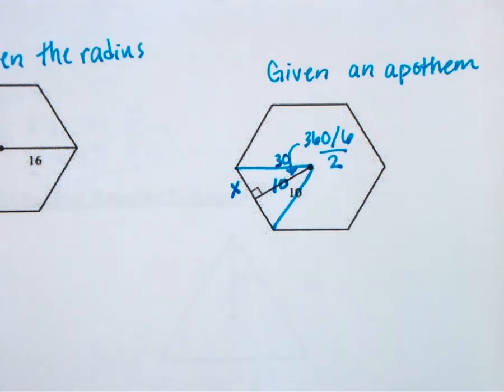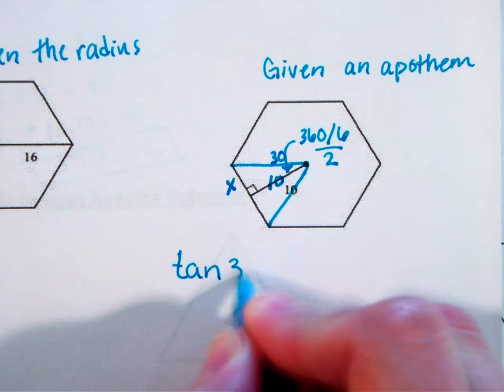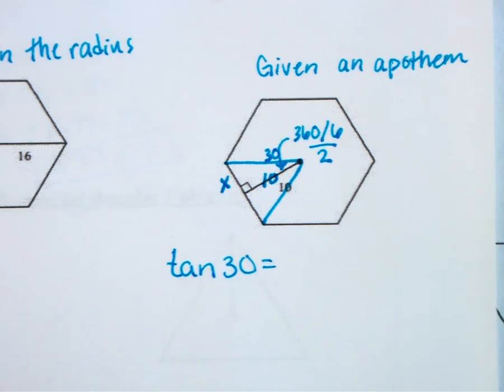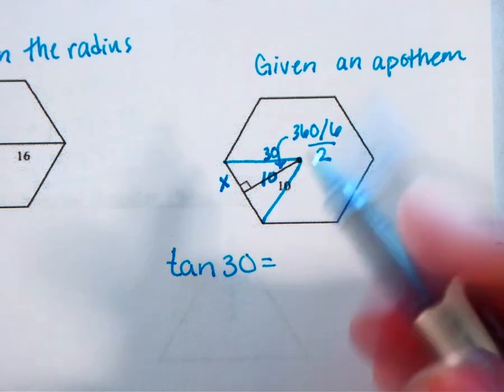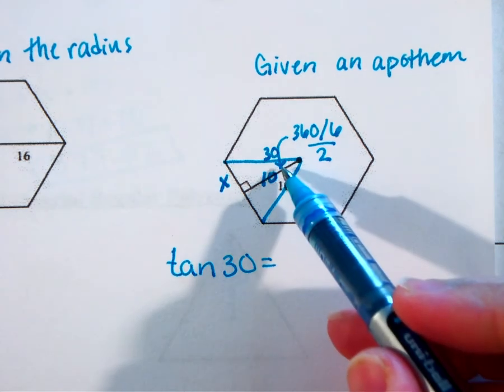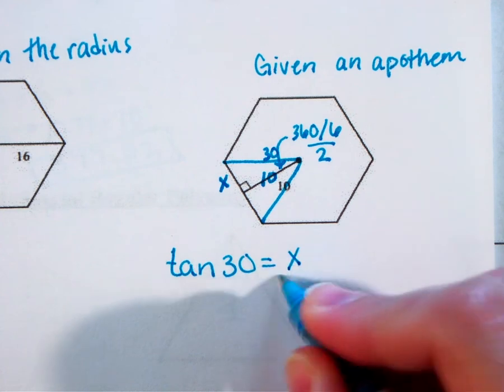You are still going to use tangent, which is what we used before. So we're still going to go tan of 30 equals opposite over adjacent. The opposite of 30 degrees is x, and the apothem is 10. So it's going to set up like this.